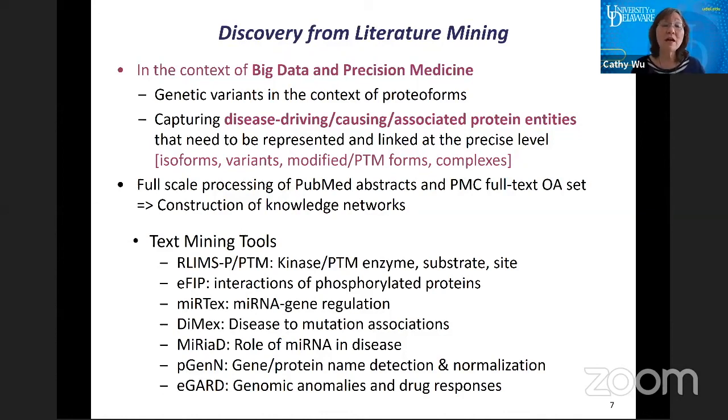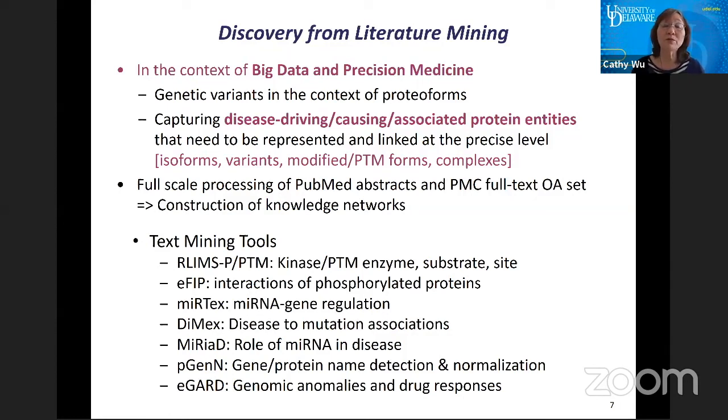And so in the context of big data and precision medicine, it then allows us to look into the genetic variants, whether they are disease-driving, disease-causing, or disease-associated protein entities. We will be able to look at them at the very precise proteoform level, whether we are talking about isoforms, variants, modified forms, post-translational modifications, or protein complexes.